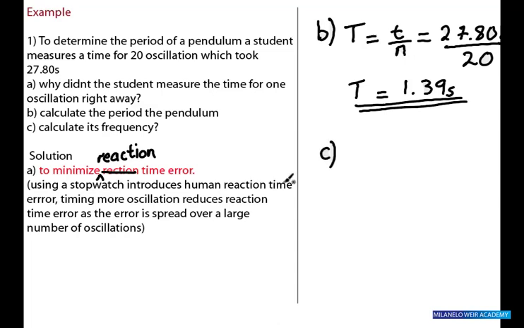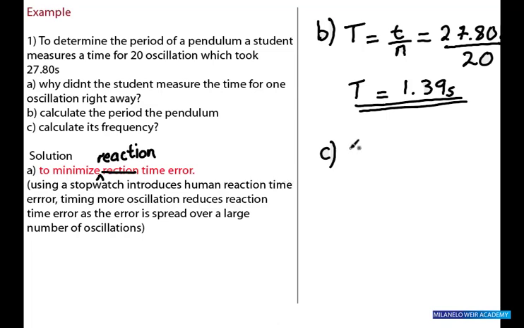Okay, C, calculate its frequency. What is frequency? Frequency is the number of oscillations generated in 1 second. Number of oscillations generated per second.